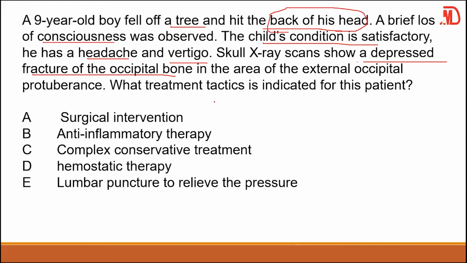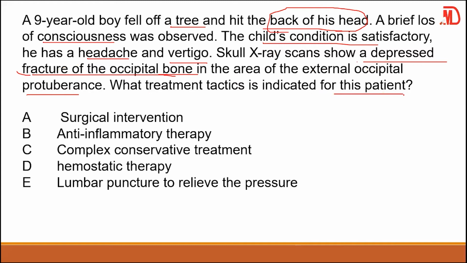Since there's no problem with the neck and no problem with respiration whatsoever, look at it: there's a depressed fracture of the occipital bone in the area of the external occipital protuberance. That is the occiput. What treatment tactics is indicated for this patient?